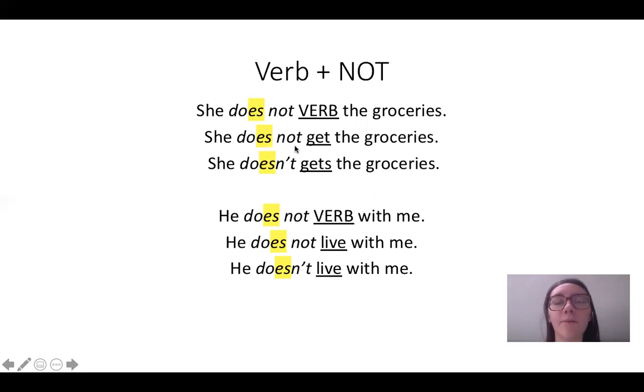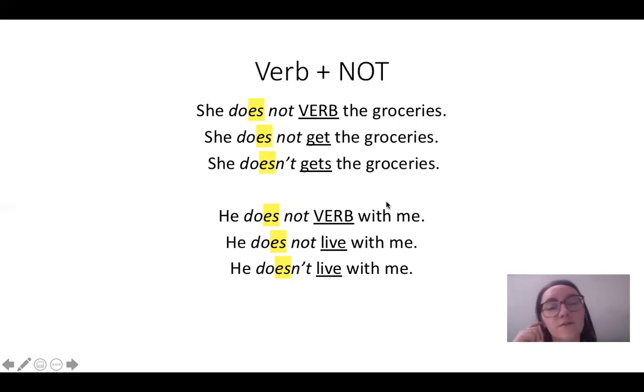But remember how we had to put the S at the end of a verb if we are talking about somebody that's only one of them or one thing and it's not us. So she, he, or it. She does not get the groceries, right? She doesn't get the groceries.